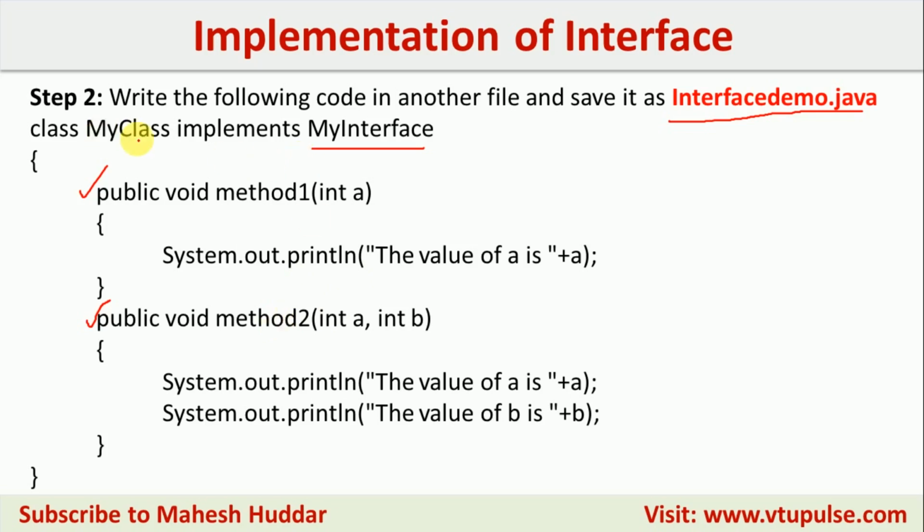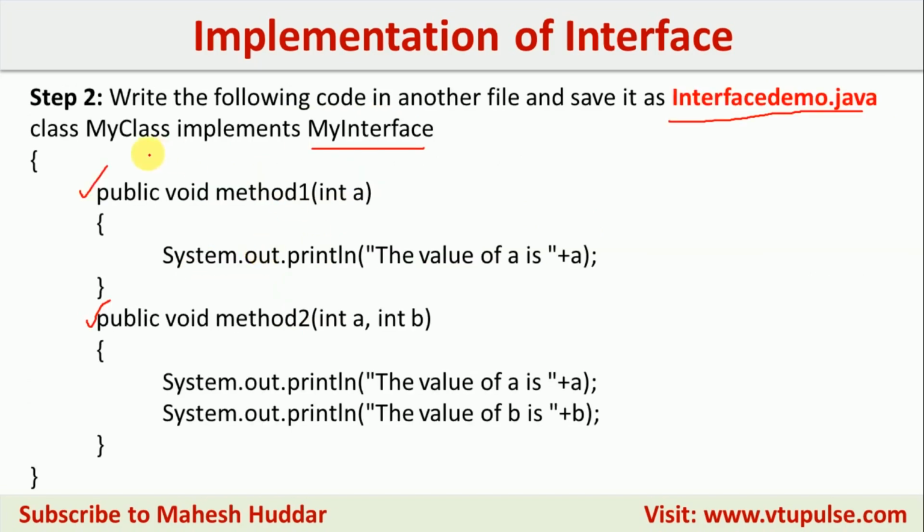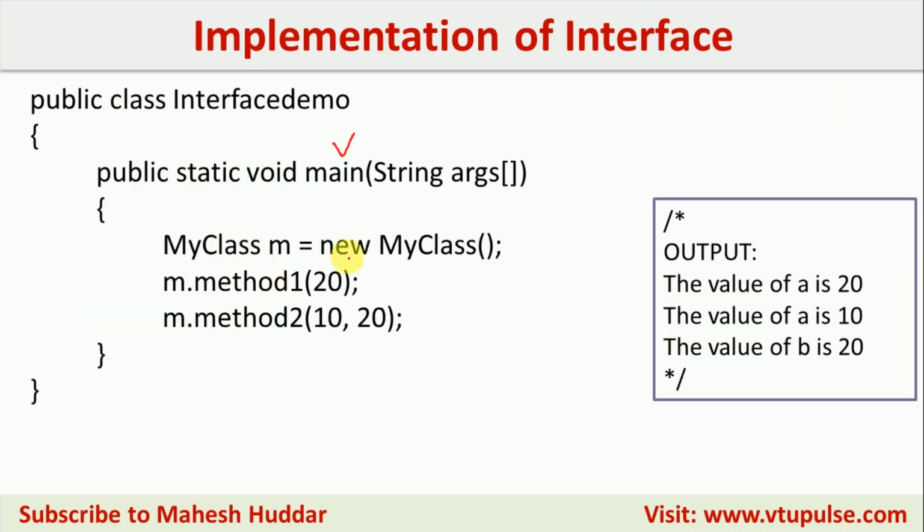So this is my class which is present in interface demo.java here. And we will add the main method in this particular interface demo.java. I will create an object of this particular class, that is my class here, and then I will try to access this particular method 1 and method 2 here. So that is what I did.